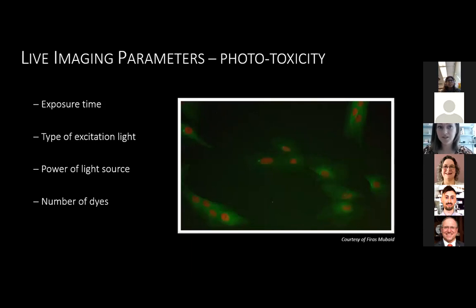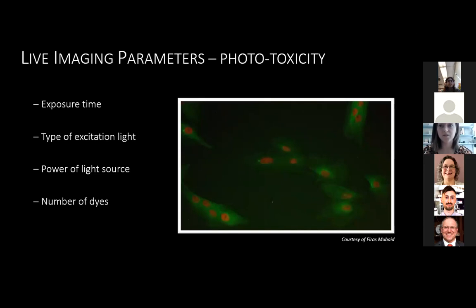Something else that we need to take into consideration is phototoxicity. It's not something people think about very often, but if you think of your cells in your tissue, they're not exposed to light ever. So when you have an imaging experiment and you are exposing them to high amounts of very specific energy, they're going to generate reactive oxygen species, and it's going to be very detrimental to their health.